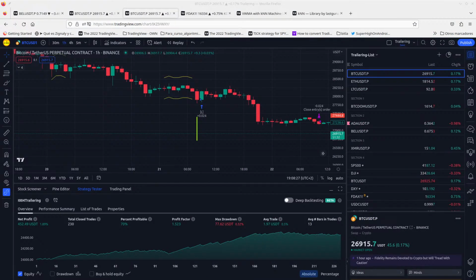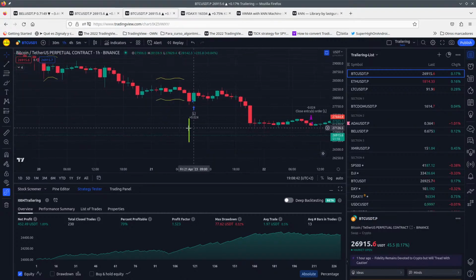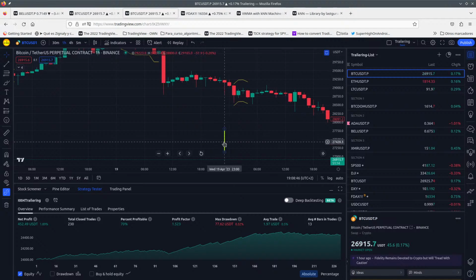Discard when, so here you can see how we have this, that it's going down, so we discard it and we win because we avoid losing. Okay, nice.